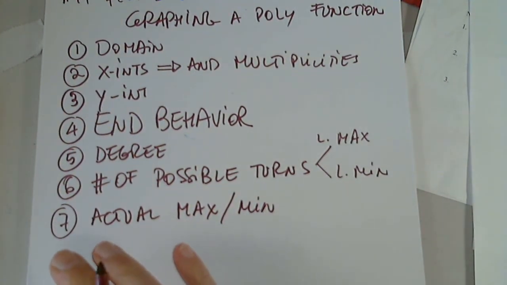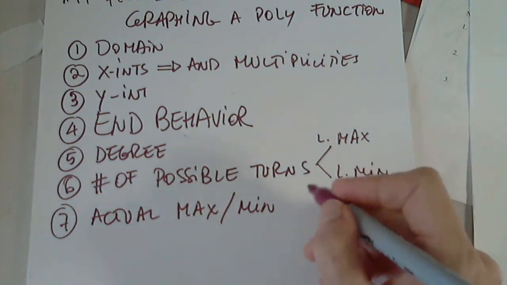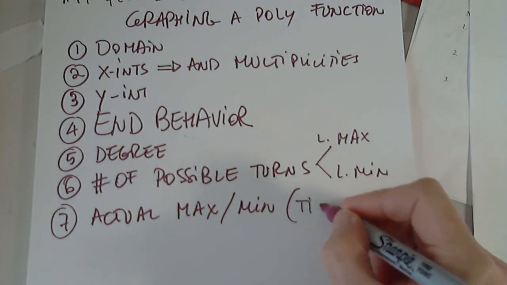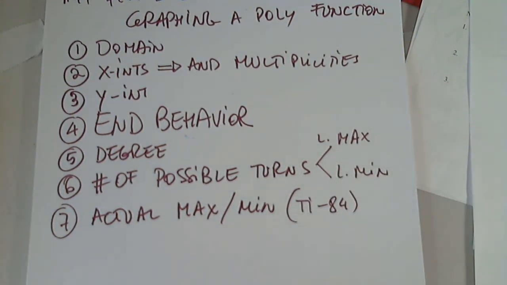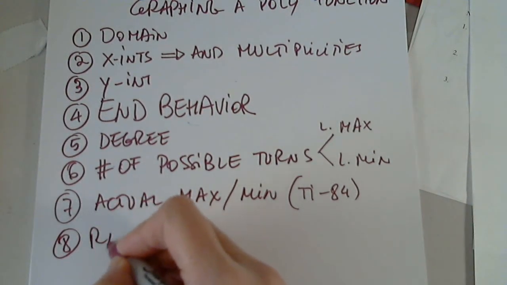In this class, we will not be able to do this without the calculator, so I will put in parentheses TI-84. It can be 83, it can be 81, whatever you have, but we have to use a graphing calculator. And 8, I would like to add range if possible.